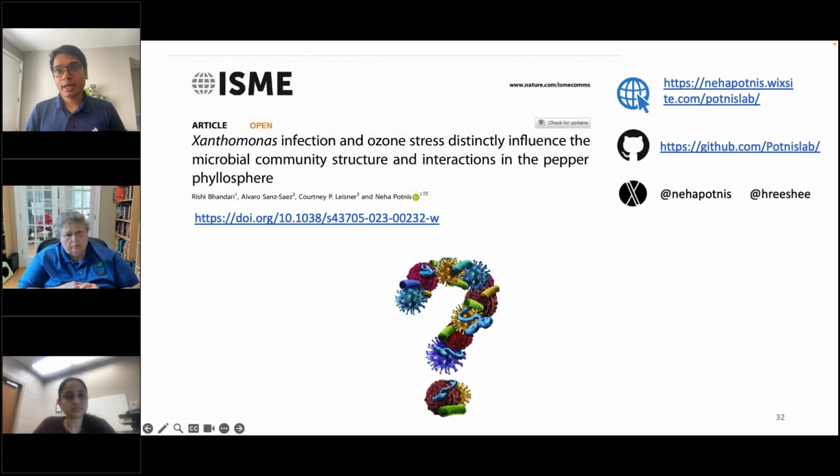Once we had the DNA, it is definitely not possible to get rid of all the host reads, but we always align our metagenomic reads against the host reads, in this case the pepper reads, using a program called NeedData. So you can do the host filtering by aligning your host reads against your metagenomic reads.